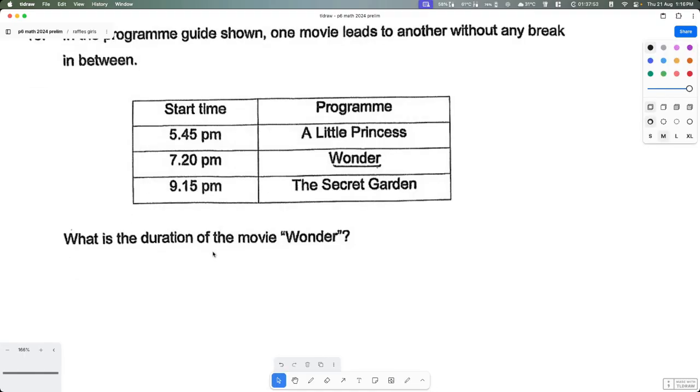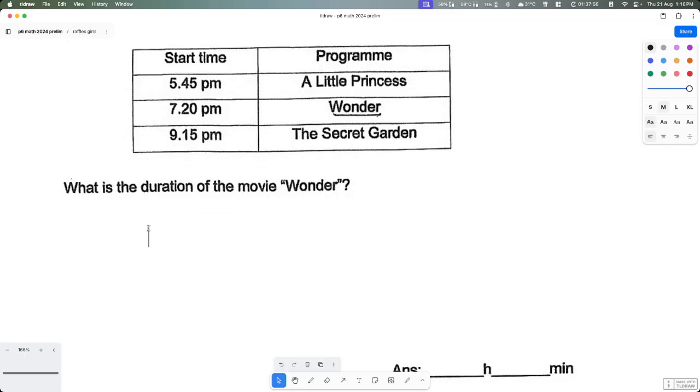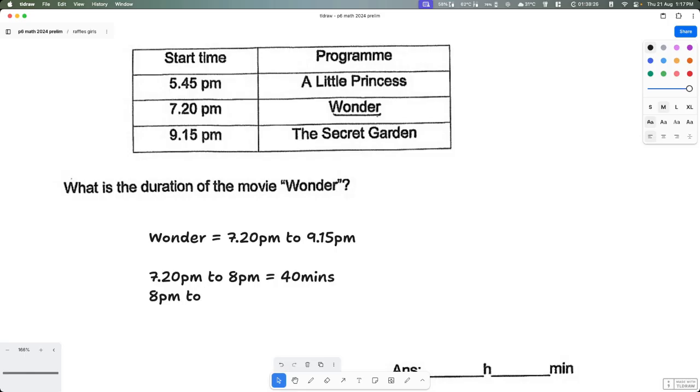Wonder is from 7:20 p.m. to 9:15 p.m. Let's break this down because I like to break it down. 7:20 to 8 p.m. is equal to 40 minutes. 8 p.m. to 9:15 p.m. is equal to 1 hour 15 minutes.